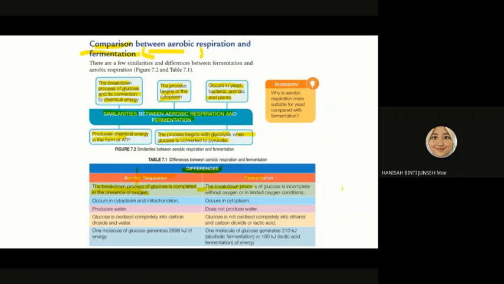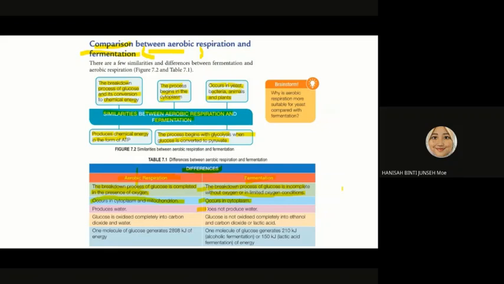The breakdown process of glucose is incomplete without oxygen or limited oxygen condition. Alright, so this is where it takes place. For aerobic respiration, it occurs in cytoplasm and mitochondria. Mitochondrion as a singular. Okay, fermentation pula, it occurs in cytoplasm only.